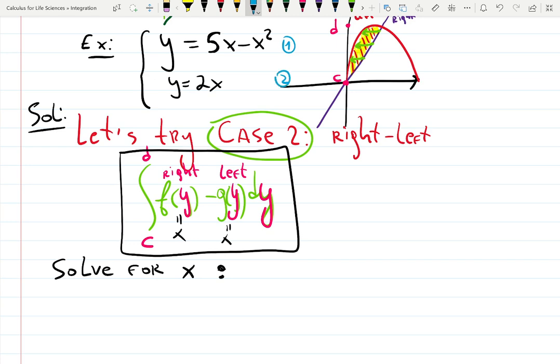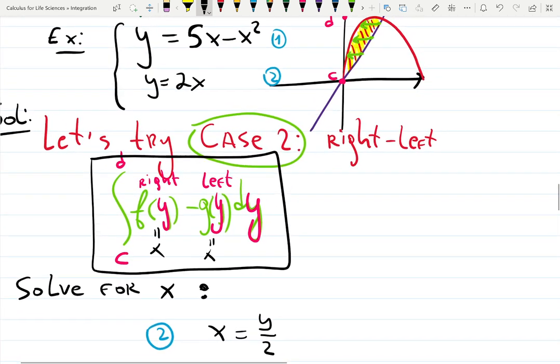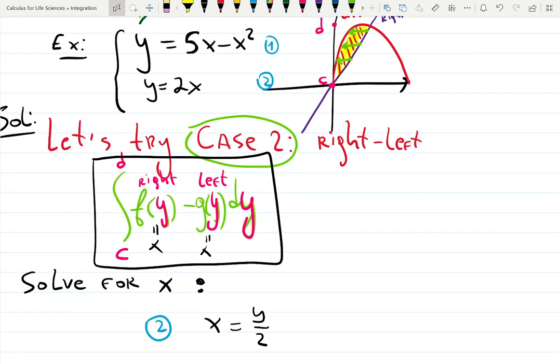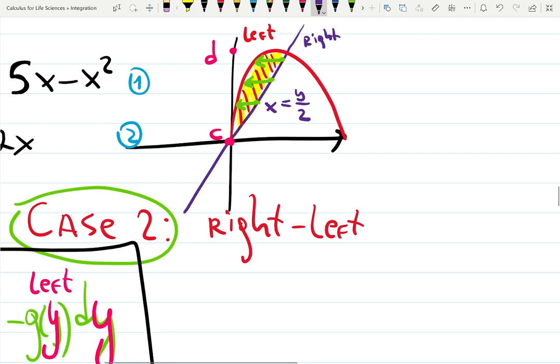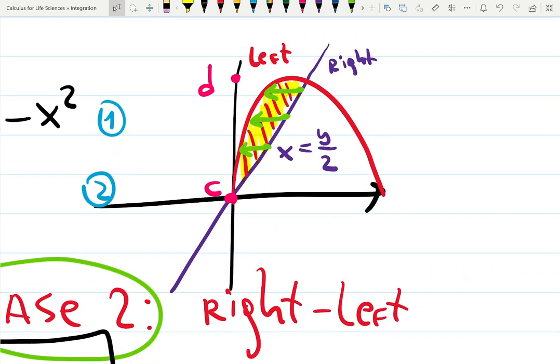For function number 2, we're going to have x equals y over 2. Okay, that one was nice. This is also a line, so it's going to be on the right or on the left. This is my equation of the line. I'll write it down like so: x equals y over 2. I'm describing lines and curves here, but using x equals blah blah blah notation.